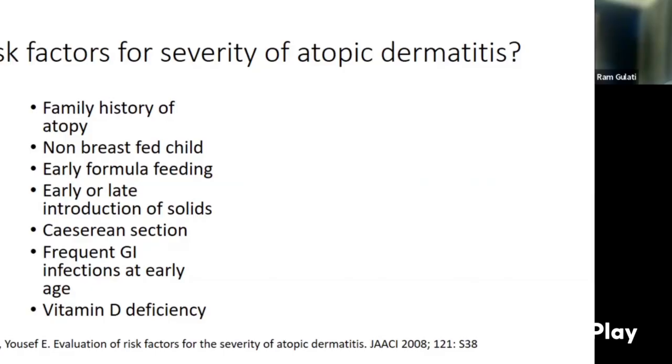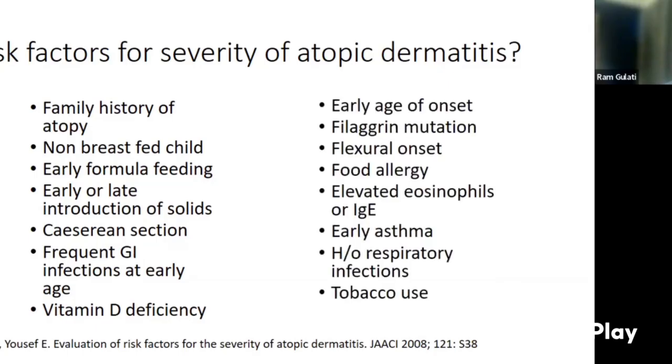Whether children have frequent GI infections in the early age, vitamin D deficiency, again, is a big question mark, and we're still debating how much role it has to play, even though vitamin D receptor polymorphisms are seen in atopic dermatitis. So these are the ones which are presented as possible risk factors for severity of atopic dermatitis. Then it has been shown that early onset of atopic dermatitis usually presents with a more severe atopic eczema as compared to late onset.